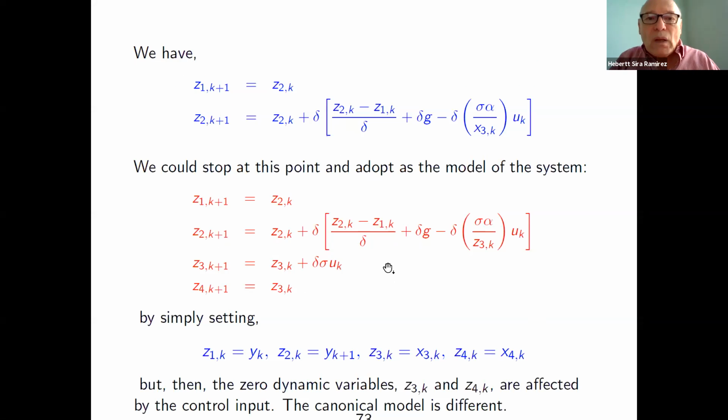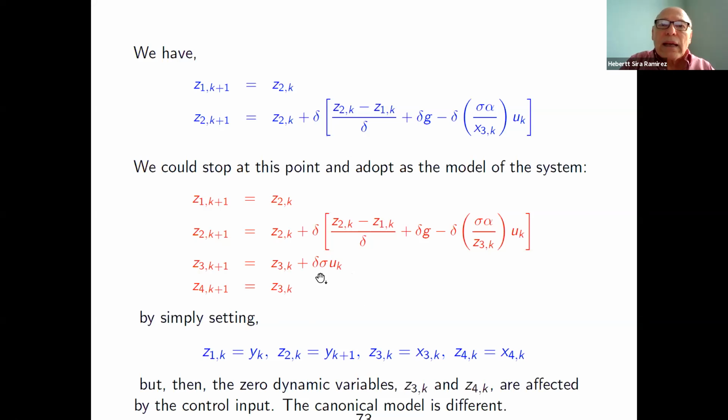So in essence, this is our canonical form. The canonical form has a clear linearizable part, which is only second order, and has two extra state variables which will represent the zero dynamics when we make the linearizable part evolve in accordance with our control objectives. Therefore, the zero dynamics has to be analyzed further.